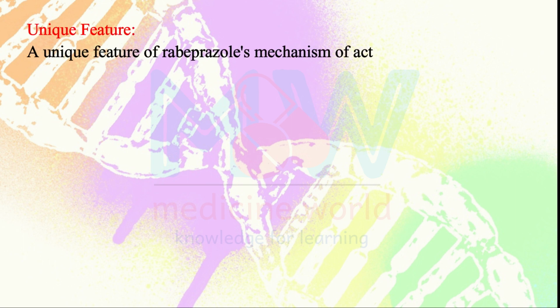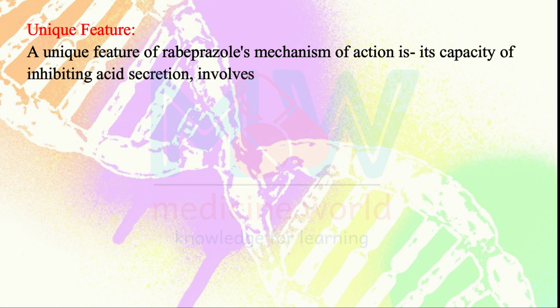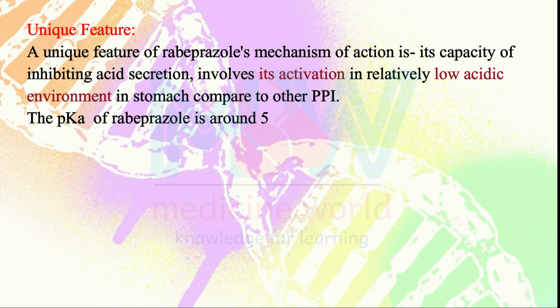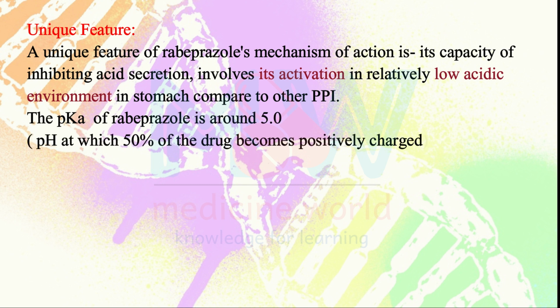A unique feature of Rabeprazole is its capacity for inhibiting acid secretion, which involves its activation in a relatively low acidic environment in the stomach compared to other PPIs. The pKa value of Rabeprazole is around 5.0. That means 5.0 is the pH at which 50% of the drug becomes positively charged.